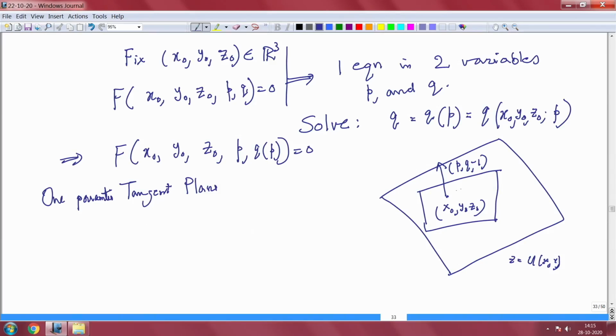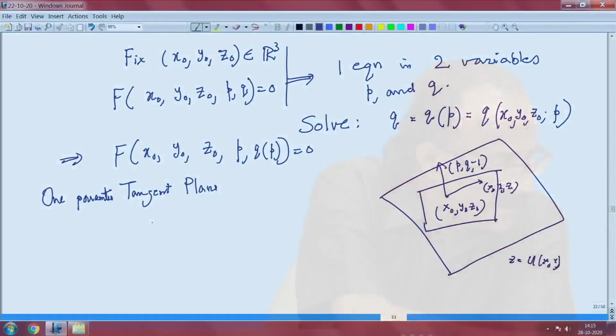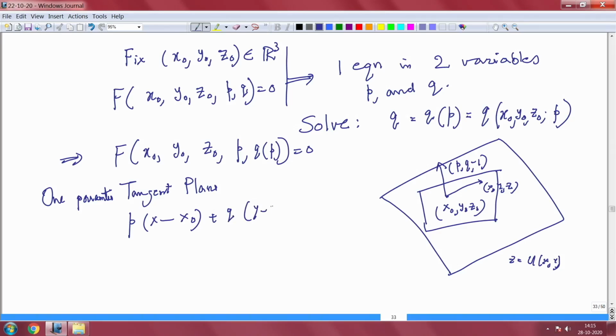What is the equation of this plane? If you take a point x, y, z here, you have x minus x naught, this is a direction. The equation of a plane passing through x naught, y naught, z naught and whose normal is p, q, minus 1, the tangent plane, is given by p into x minus x naught plus q into y minus y naught equal to z minus z naught.